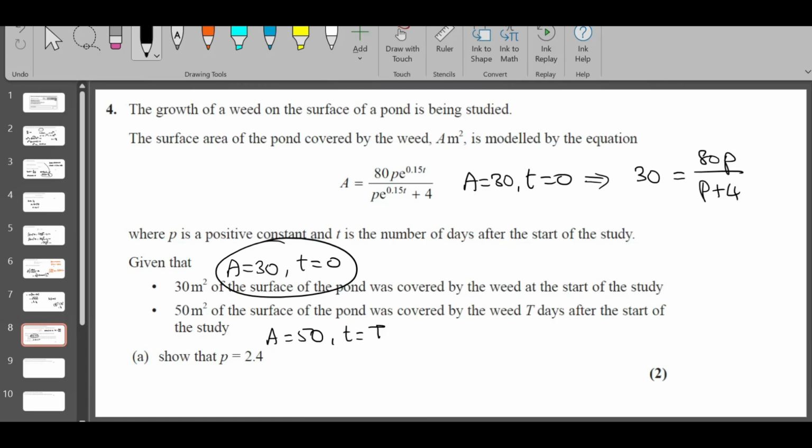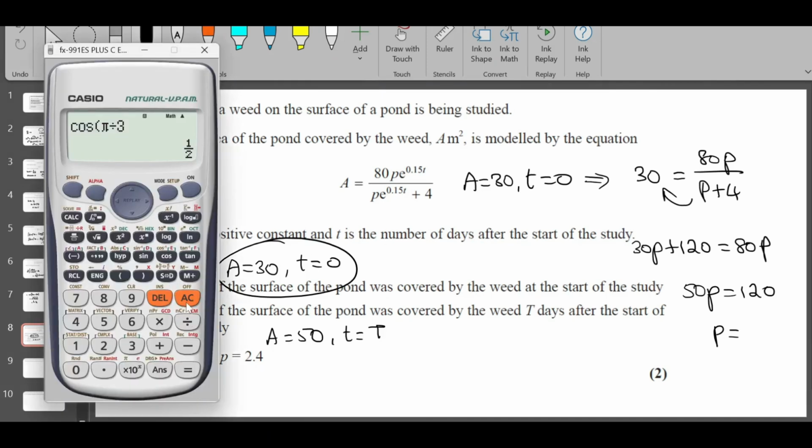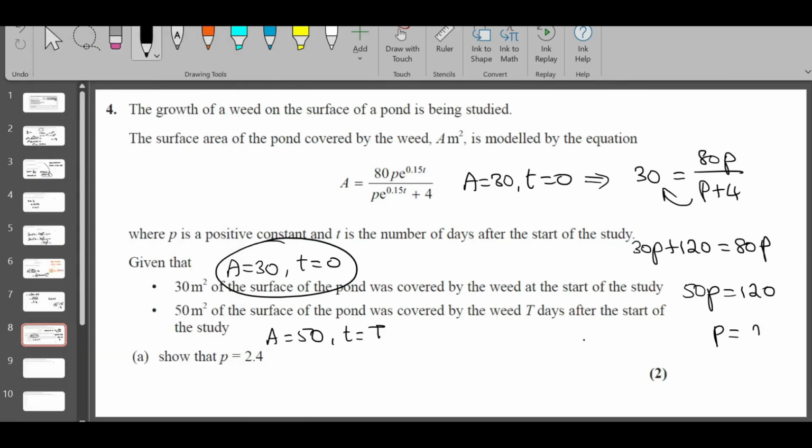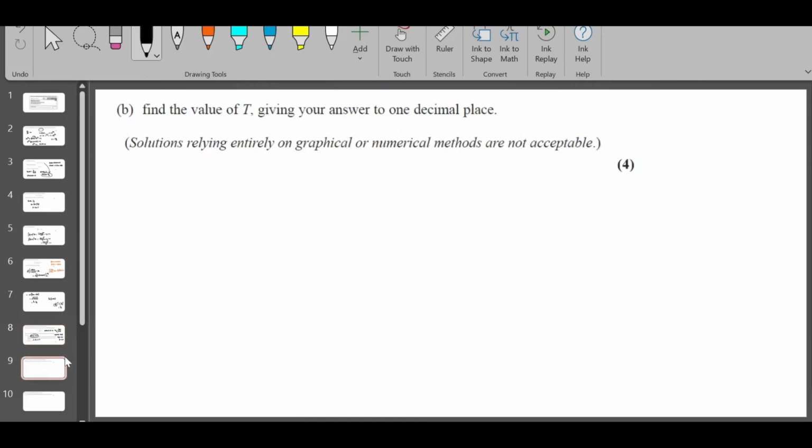Make p the subject: 30p plus 120 is 80p, 80 minus 30 is 50p is 120, p is 120 over 50. We got the answer 2.4, just a 2-mark question. Let's move on to part B now.